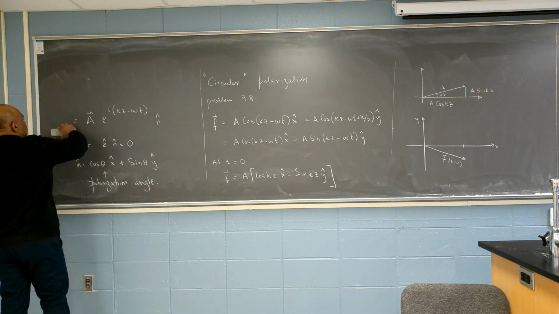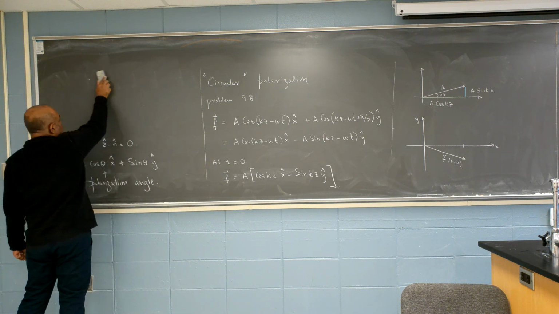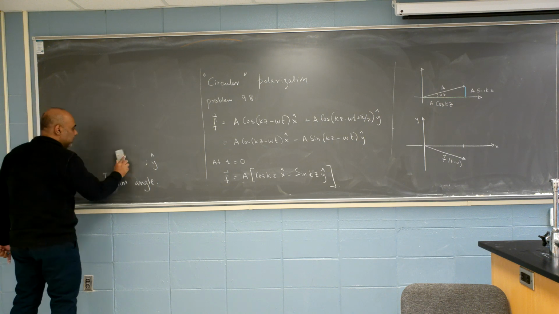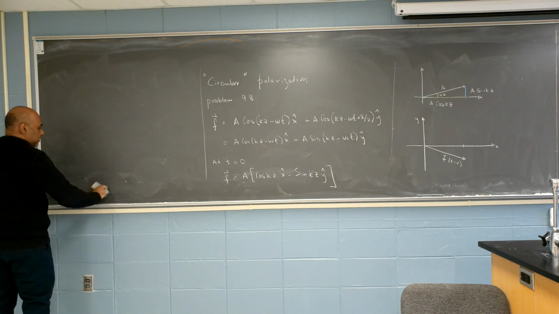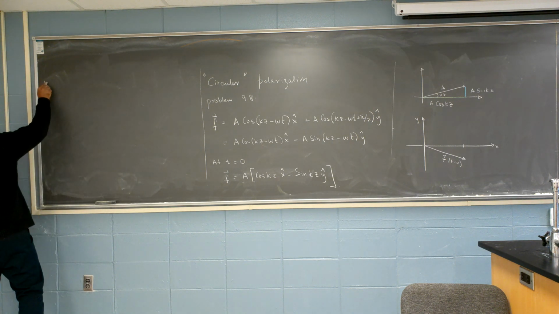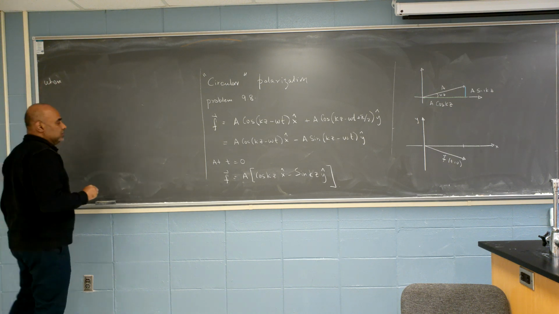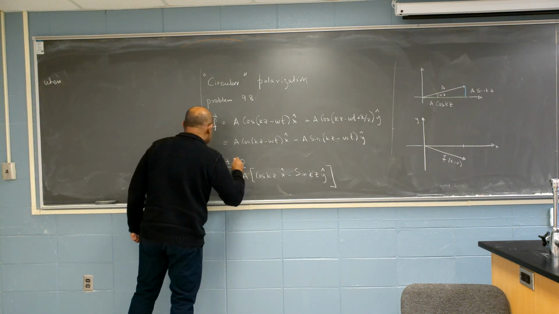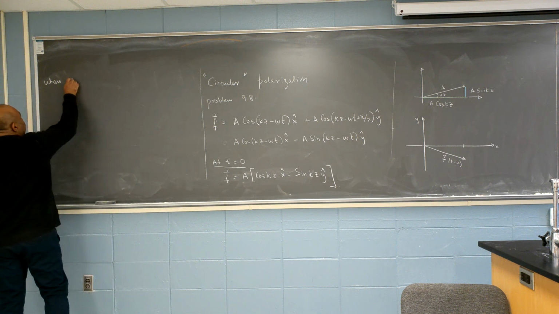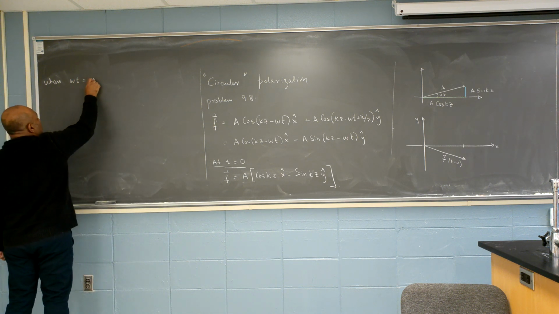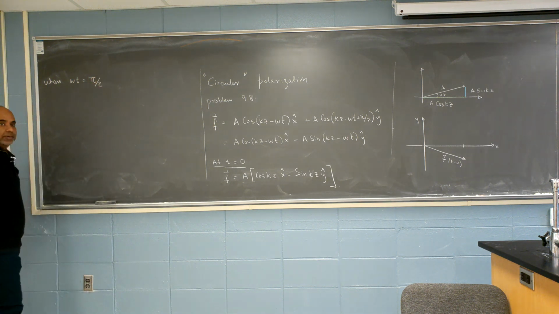Well, how long am I going to wait? I'm going to wait, so this is t equals 0, and omega t equals pi over 2.